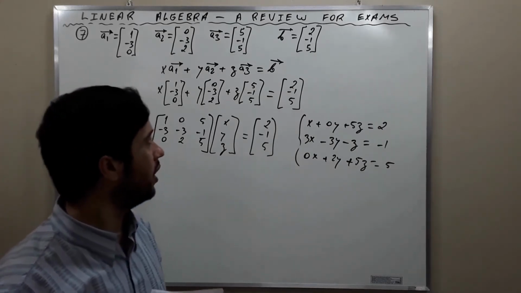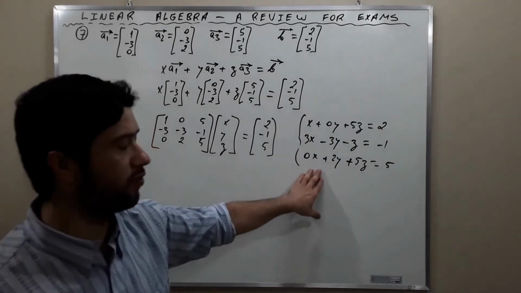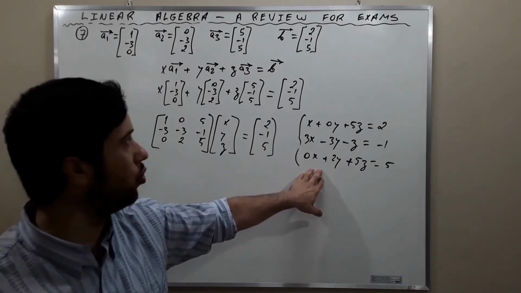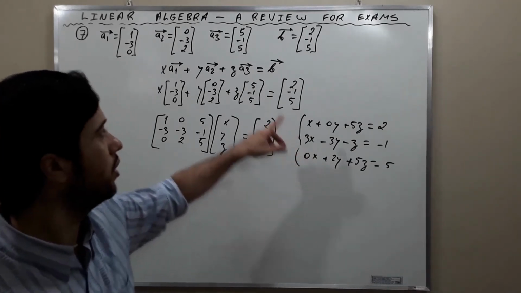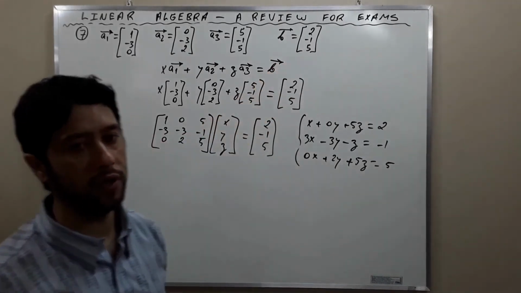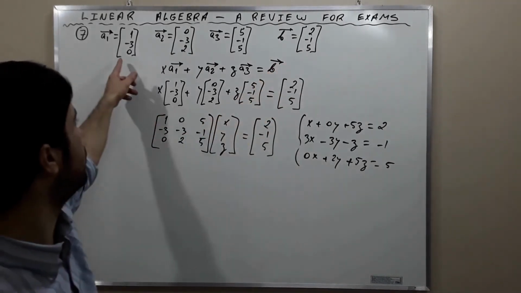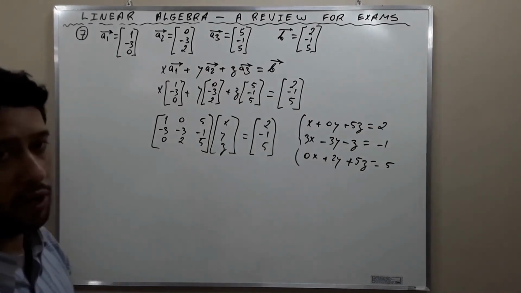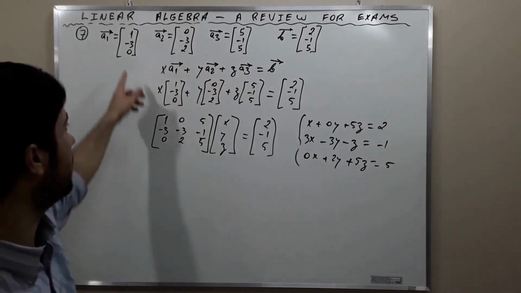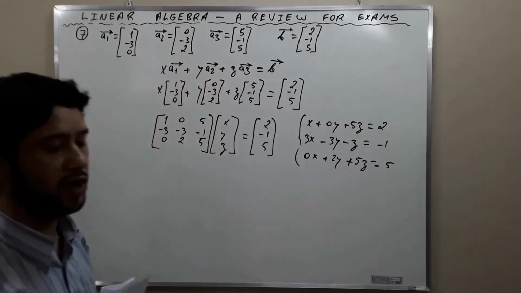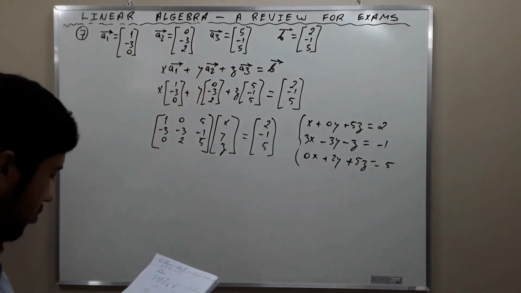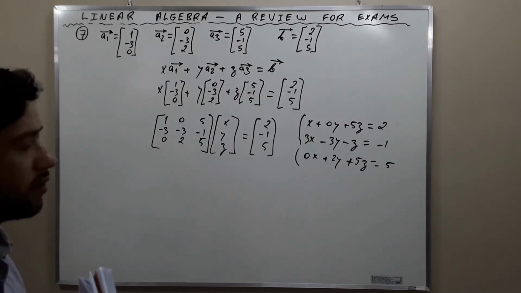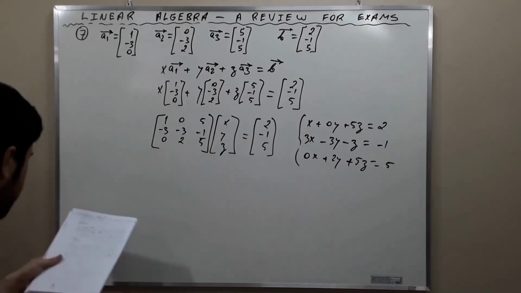Okay, and if this system is consistent, there is at least one solution, then indeed b can be written as a linear combination of these vectors here. Otherwise, it cannot. b cannot be written as a linear combination of vectors a1, a2, and a3. We are going to use the augmented matrix to determine whether the system is consistent.